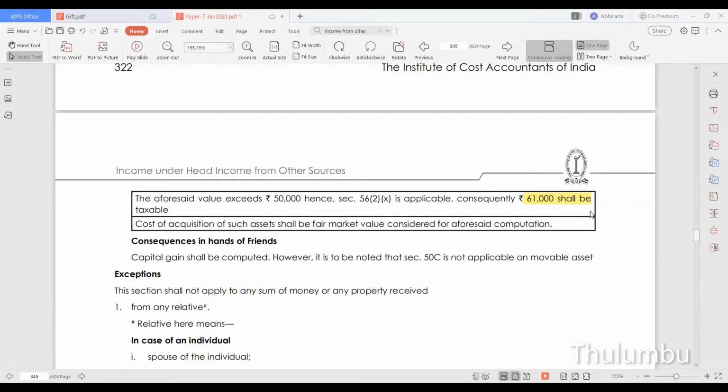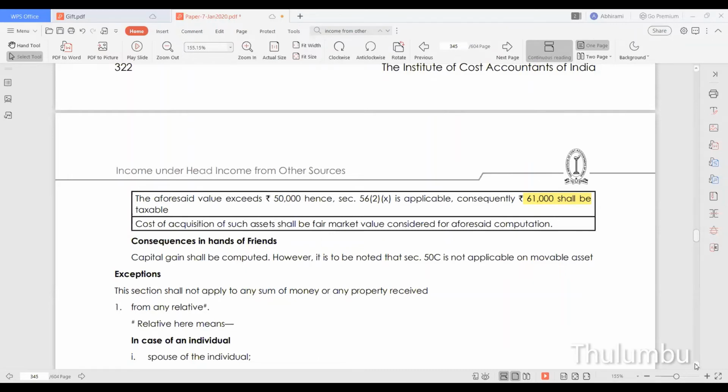So whenever there is inadequate consideration, the difference amount will be taxable. When there is no consideration, the entire fair market value or stamp duty value will be taxable. So the entire amount is taxed, and the entire difference that we found is taxed.